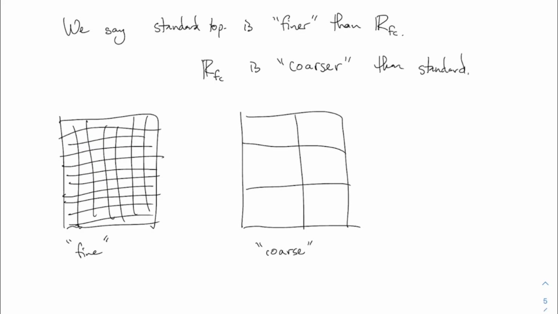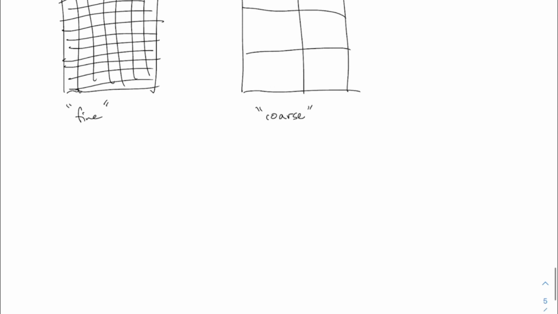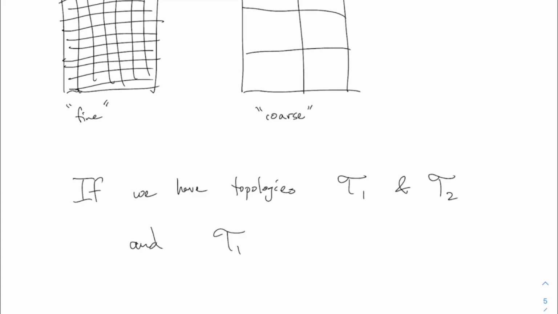So the fancy way of saying this is, if we have two topologies, T1 and T2, and T1 is a subset of T2, that means everything that's open in T1 is also open in T2. Another way of saying that is T2 has more open sets than T1 does.